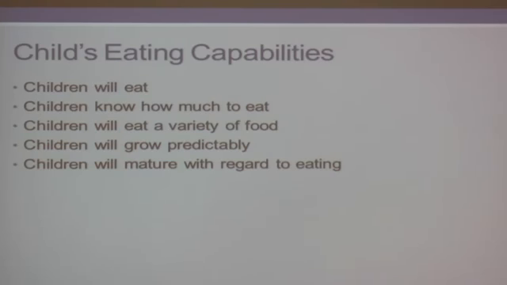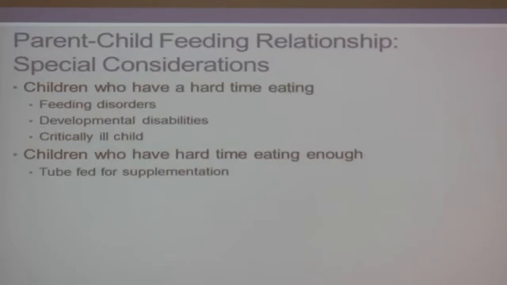So that being said, I realize that many of us work with or have children that fall into a category where they have special considerations. So that includes kids who have a hard time eating with feeding disorders, developmental disabilities, or kids that are critically or chronically ill.